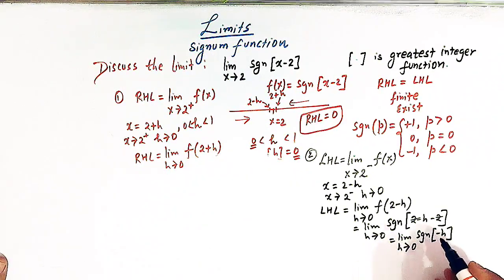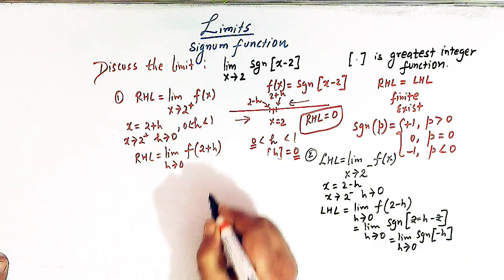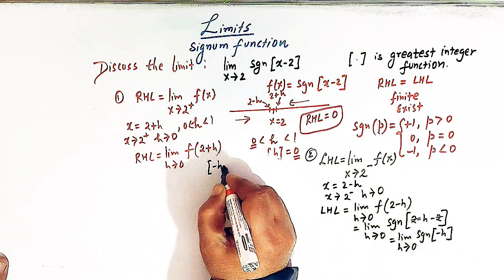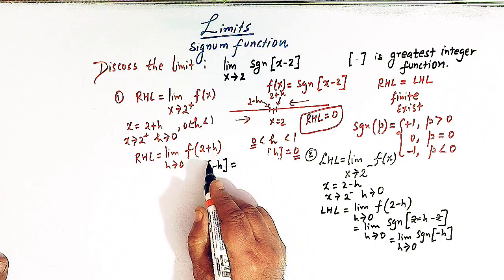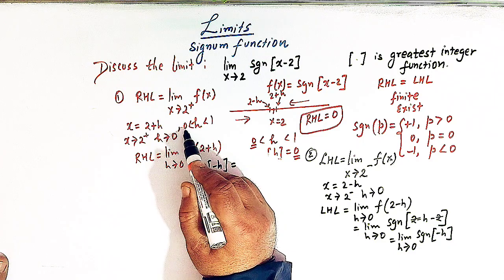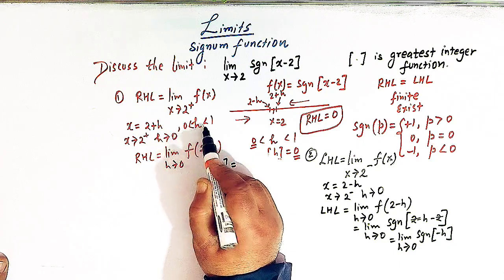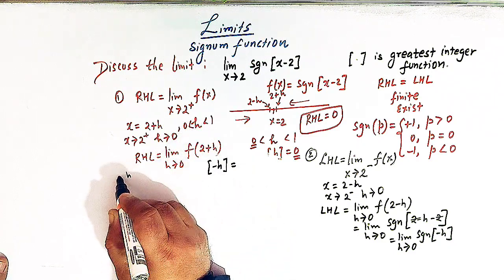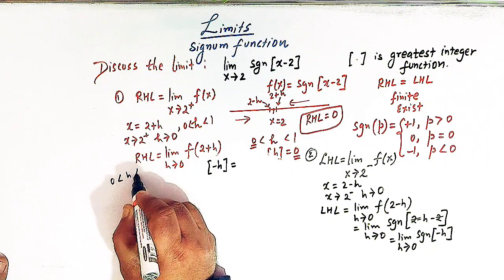So now here we have a signum of greatest integer of minus h, and we have to first write the value of greatest integer of minus h. So what we will do, we will make use of this inequality, that is h lies between 0 and 1.